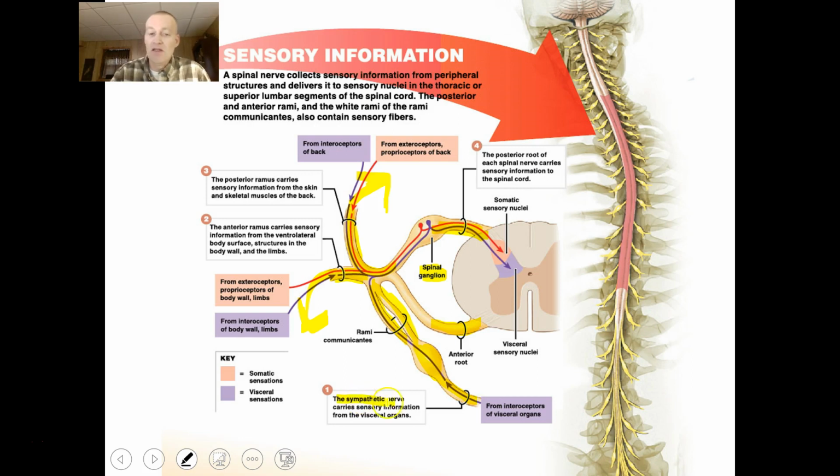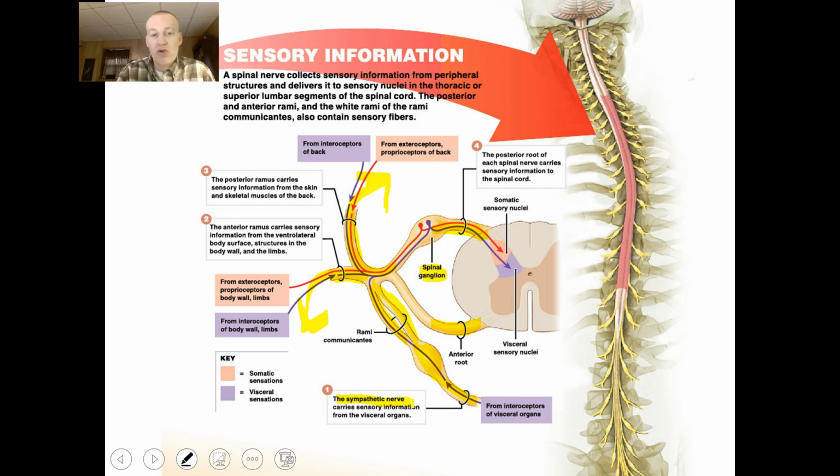Okay, and again, we're going to talk about that when we do the autonomic nervous system. But just as you can carry sensory information to the spinal cord, you can carry motor information as well.